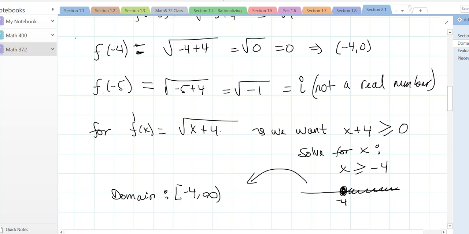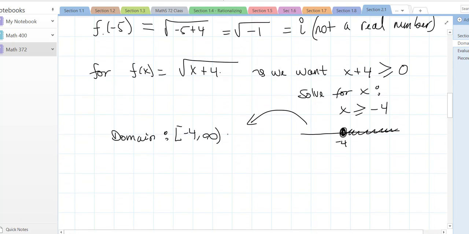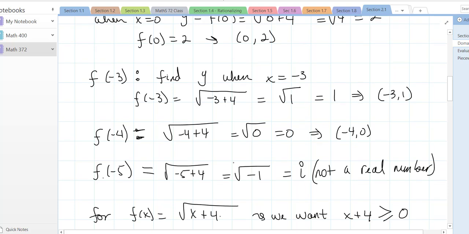Now for the range, we may have to look at the graph of this function, or we can do it by analyzing it. The range is the y values. So what is the smallest y value we can get? You can already look at the values that we got.